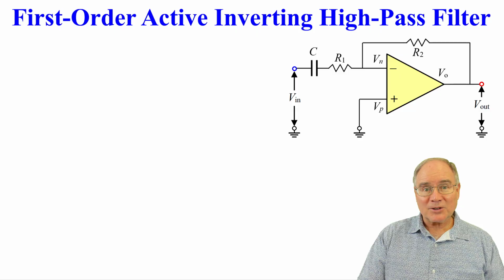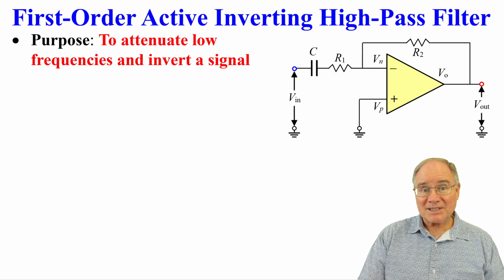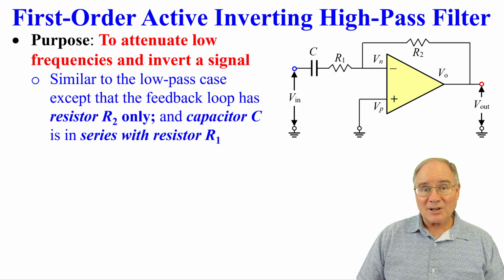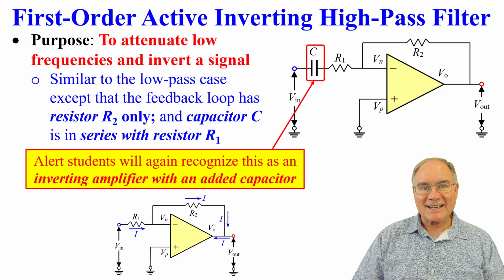Now let's look at a first-order active inverting high-pass filter. Its purpose is to attenuate low frequencies and invert the input signal. The circuit is similar to the low-pass filter, except that instead of the capacitor being up here, it's now in series with resistor R1. Again, alert students will recognize this as an inverting amplifier with an added capacitor.